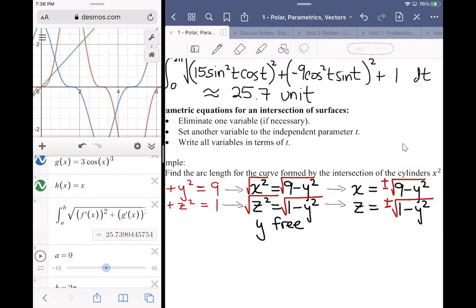So x would be equal to plus or minus the square root of 9 minus y squared. Z would be equal to plus or minus the square root of 1 minus y squared.